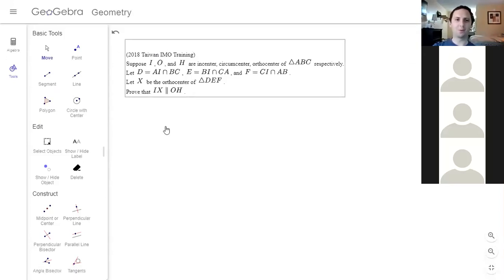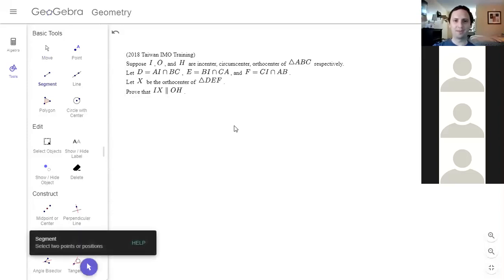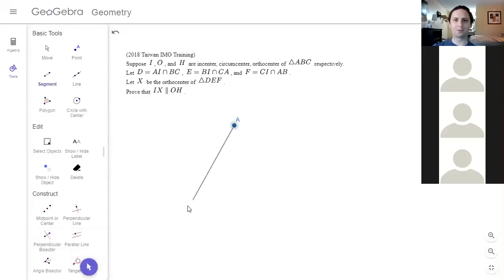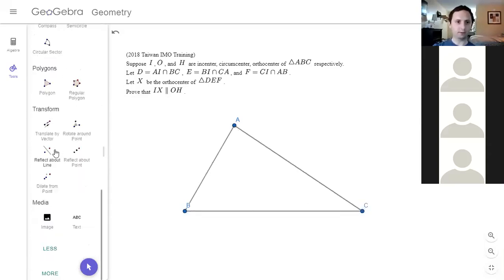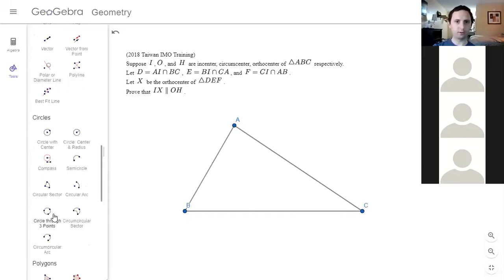Oh, so Anmol just said that he learned about the problem, some angle condition, in his regional training, which is pretty interesting. So we have the incenter, orthocenter, and circumcenter of this triangle.